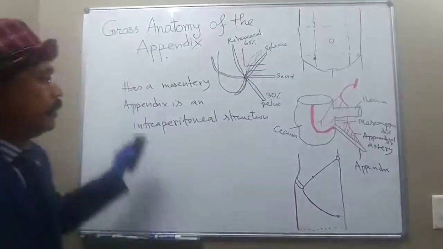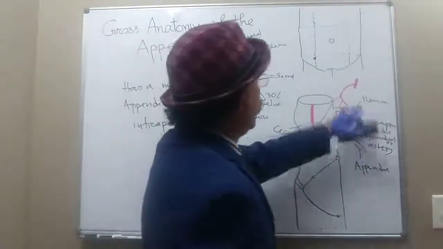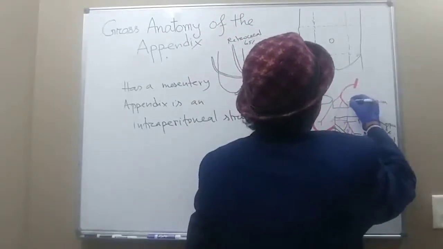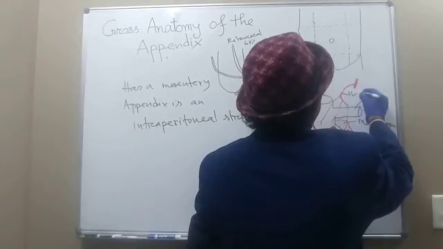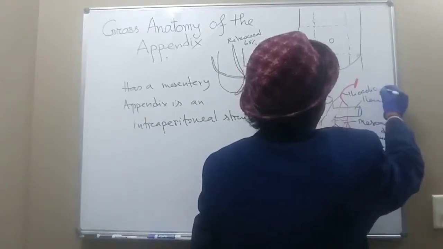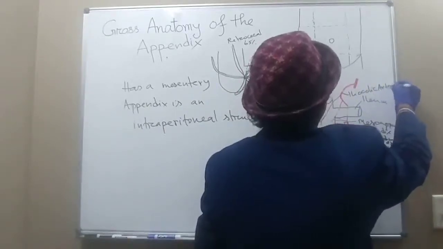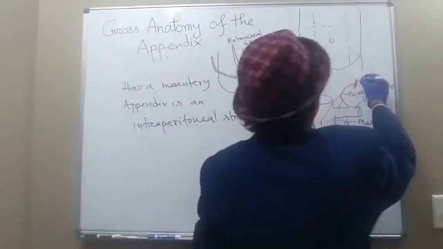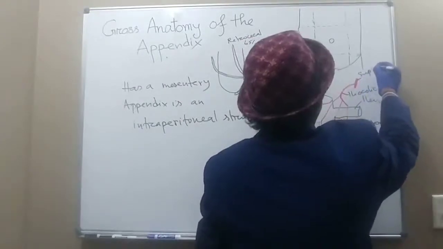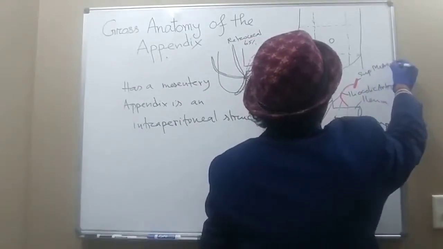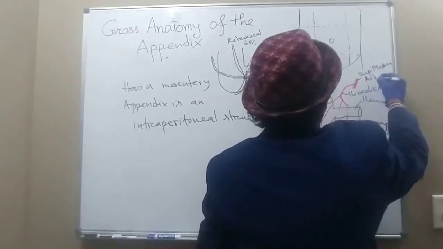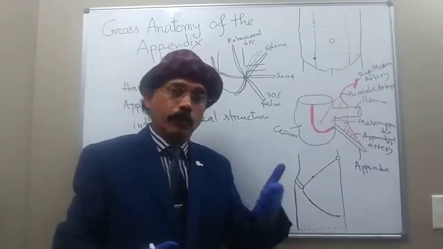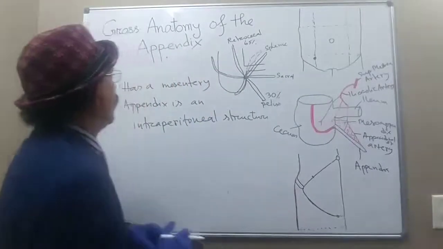The appendicular artery is a branch of the ileocolic artery. The ileocolic artery is a branch of the superior mesenteric artery, which is one of the ventral branches of the abdominal aorta.